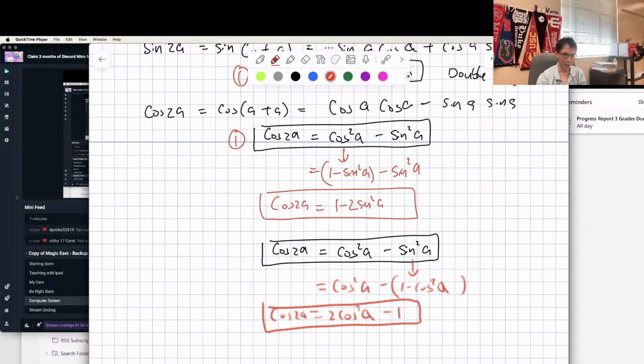Now I use a here, but most of the time I use theta. So this is called the double angle identity. So there's 1, 2, 3, 4.